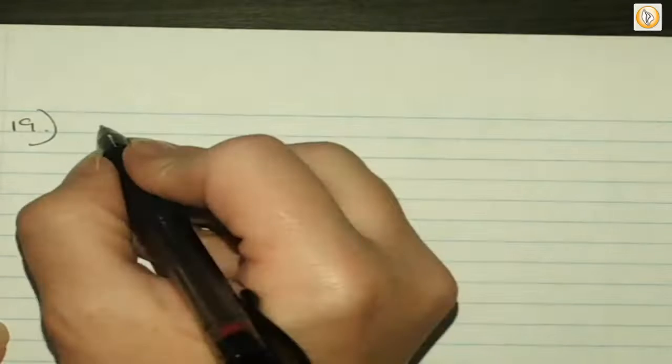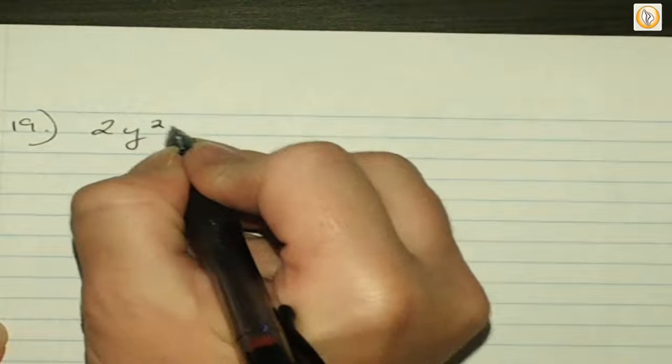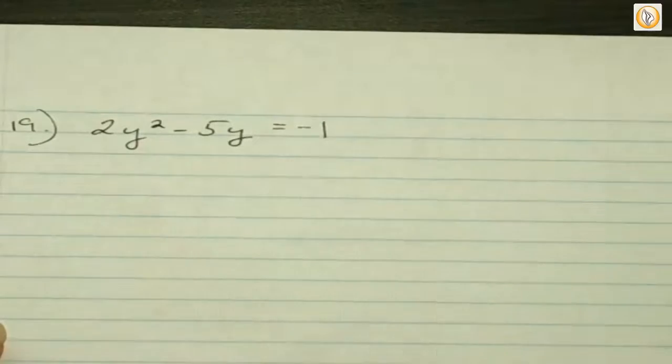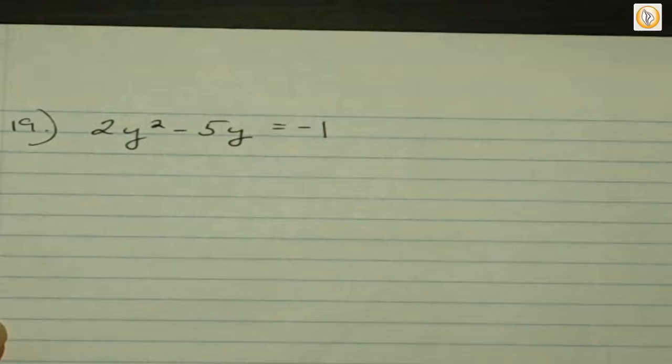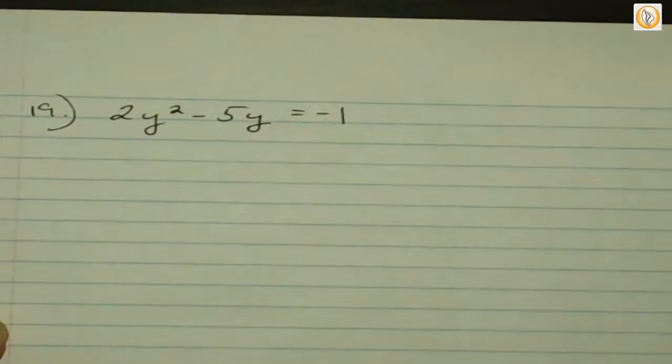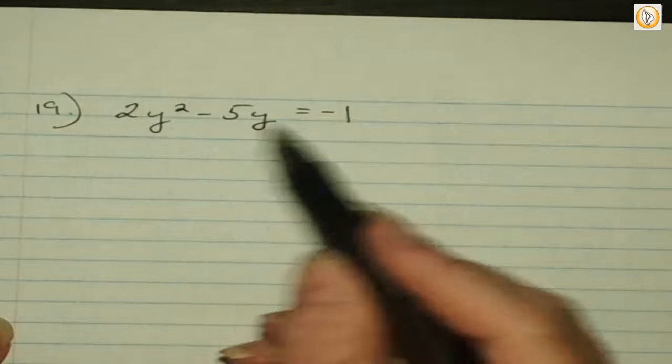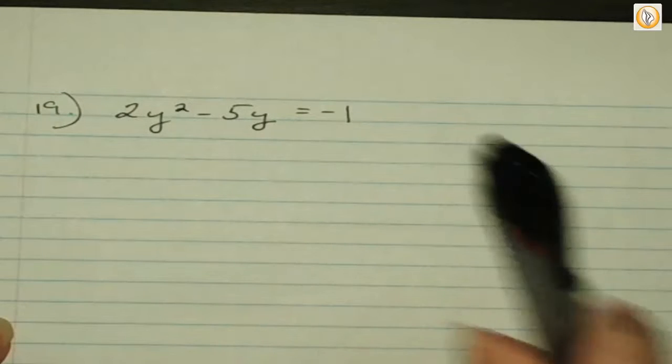All right, let's do another. 19. 2y squared minus 5y equals negative 1. Michaela, is this written in standard form?